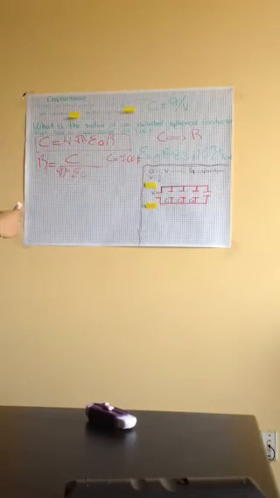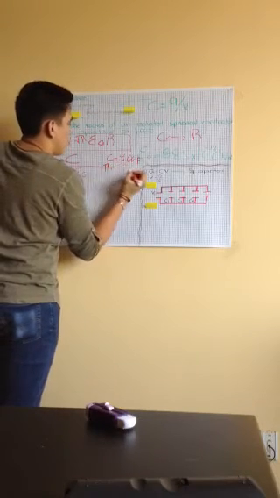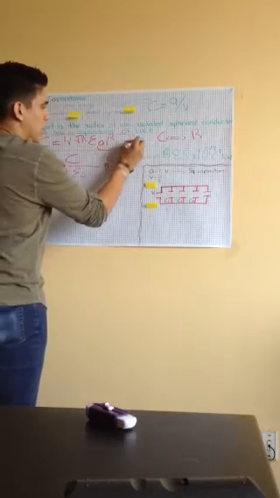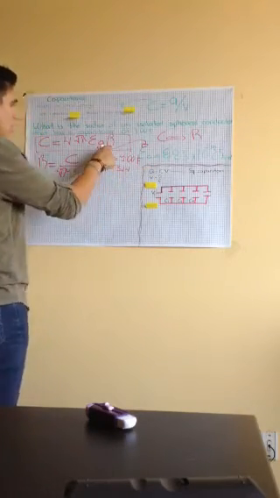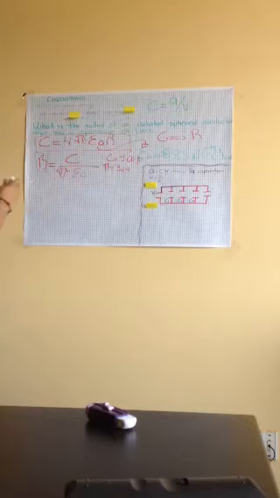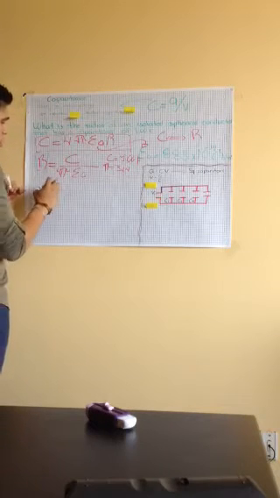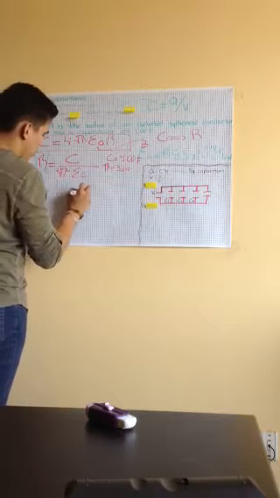Then we know the value of pi, which is 3.14. We know the value that epsilon sub 0 has, and then we are looking for the radius. So what we're going to do right now is that the radius is going to be equal to 1.